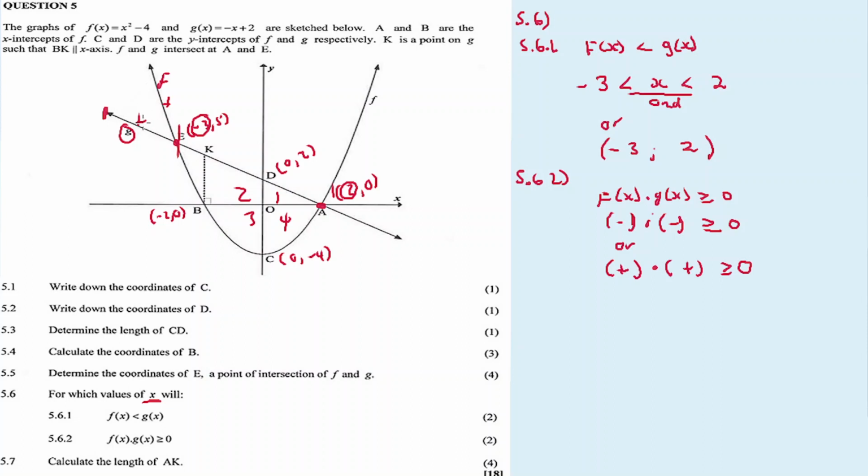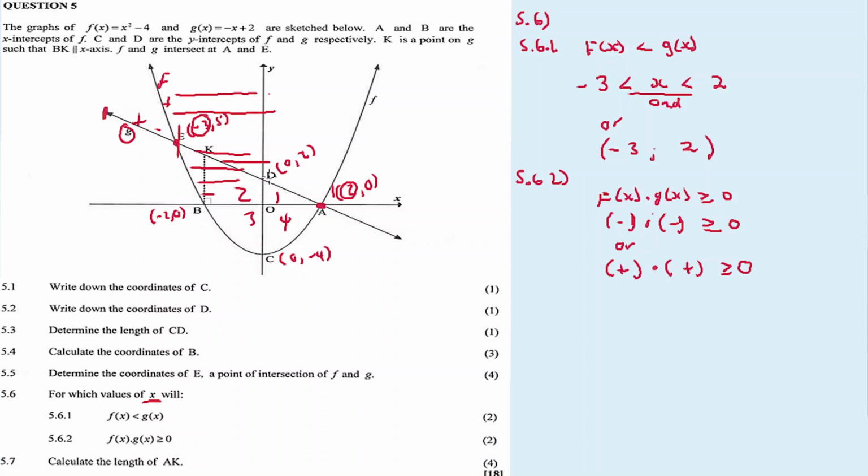Why do I say they are both positive? It's because the y values there are positive. On the second quadrant our y values are positive. If I look here again, both G as well as F are positive.